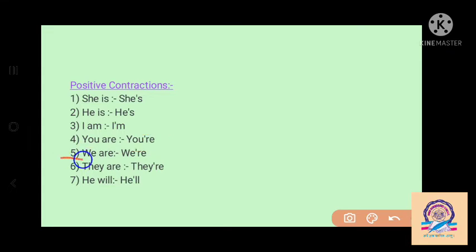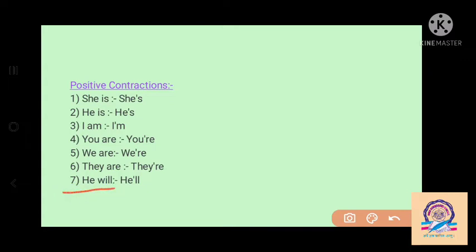Then "we are", again we remove a in our positive contraction, and our answer is "we're". Then "they are", we remove a, use the apostrophe and write "re", that is "they're", a positive contraction in a short form. Contractions are also called short forms.